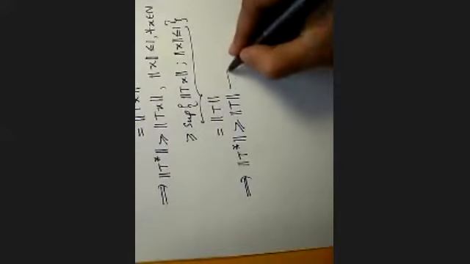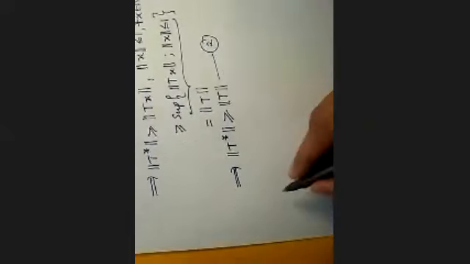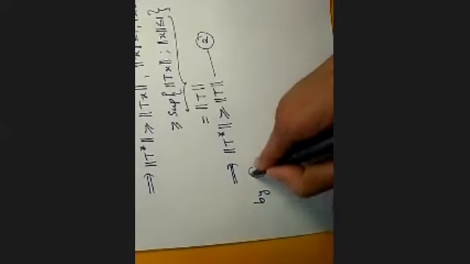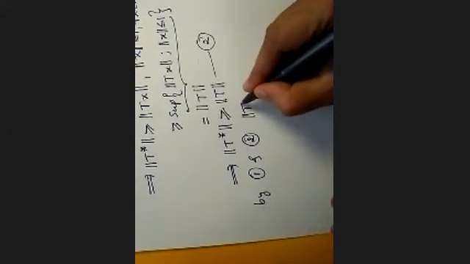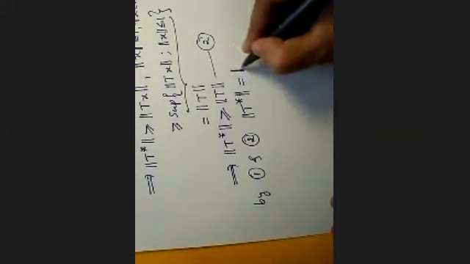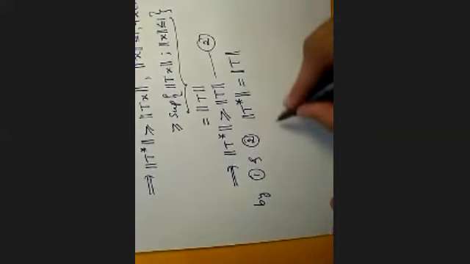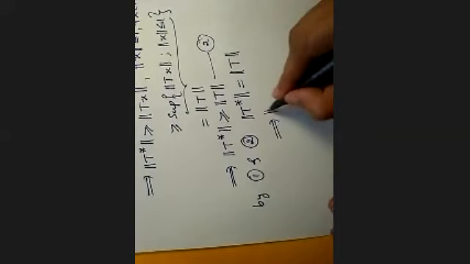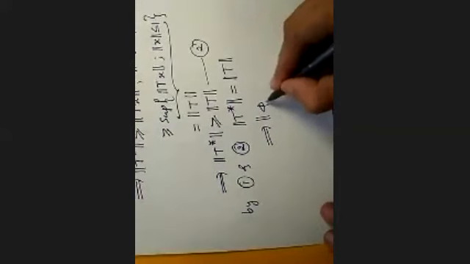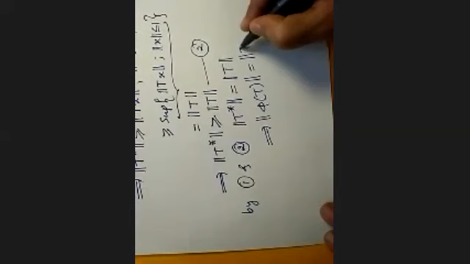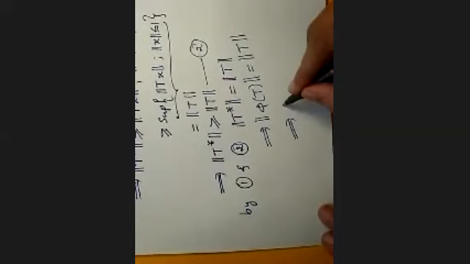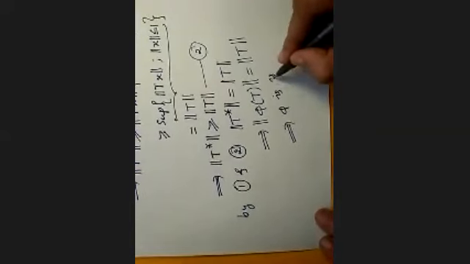We call this 2. So by 1 and 2, norm T star is equal to norm T. Therefore, norm phi of T is equal to norm T. Therefore, phi is isometric.